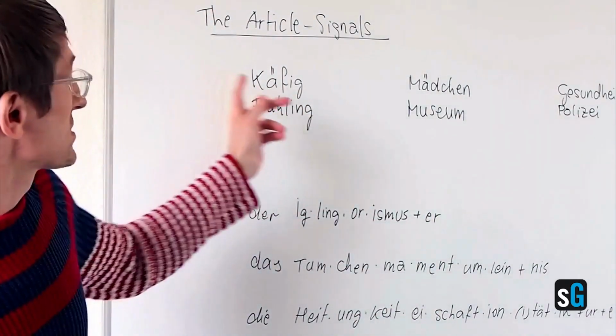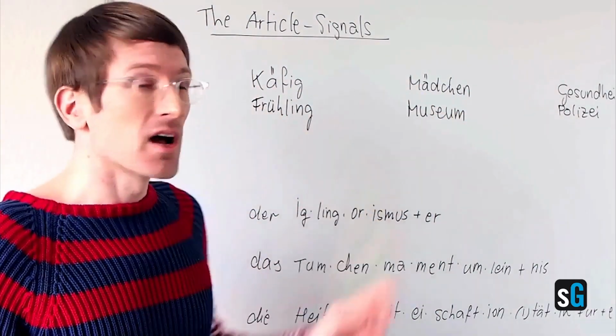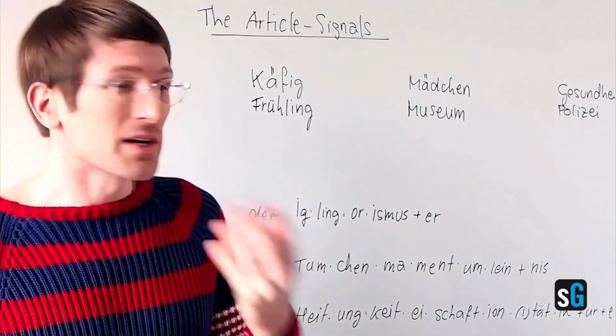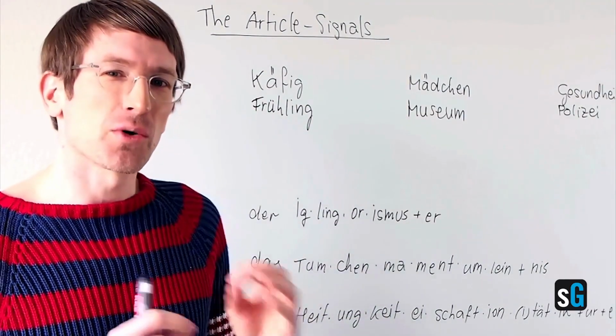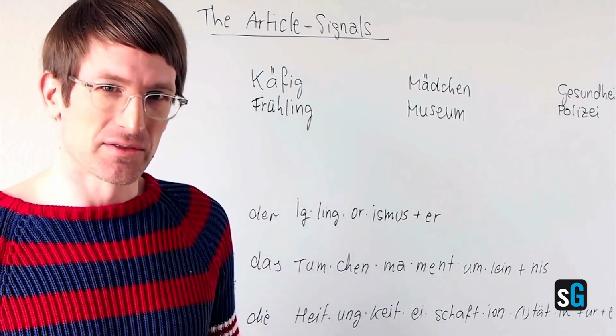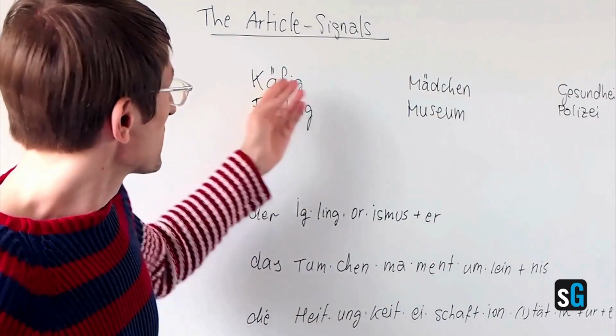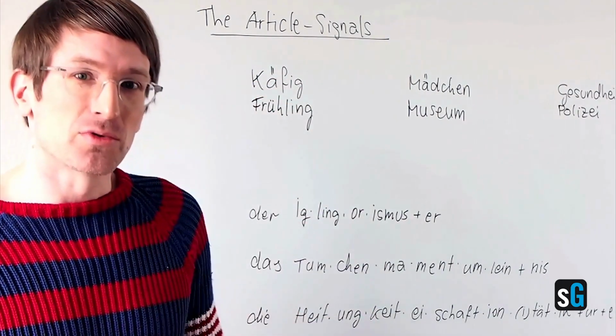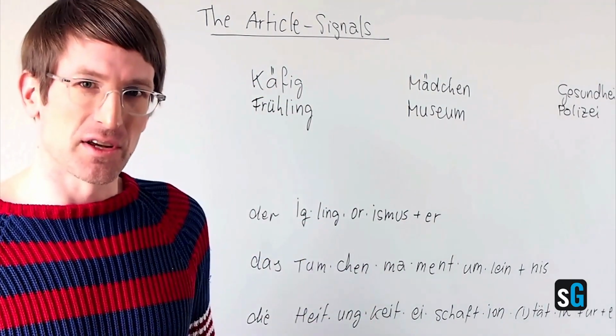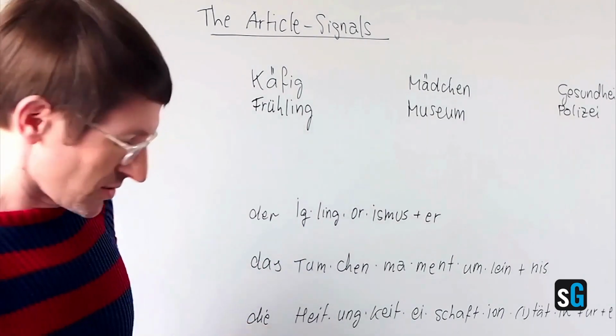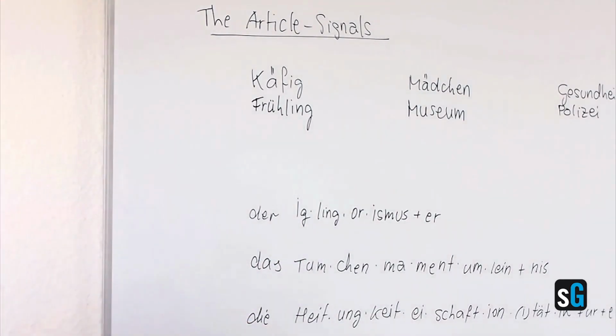Take a look at these 6 words here. These words are really nice because they show us what article they desire, what they want. And you need to know how to recognize these signals they're giving away. Take a look at "ruhig", for example.